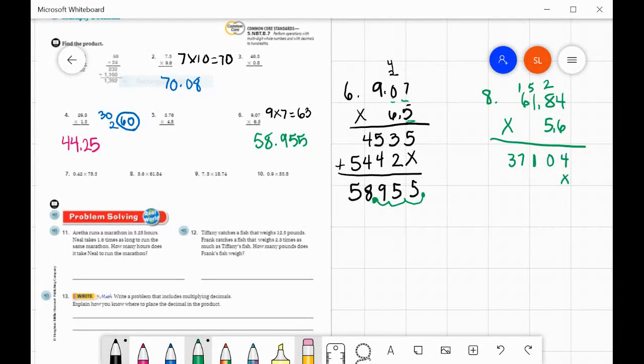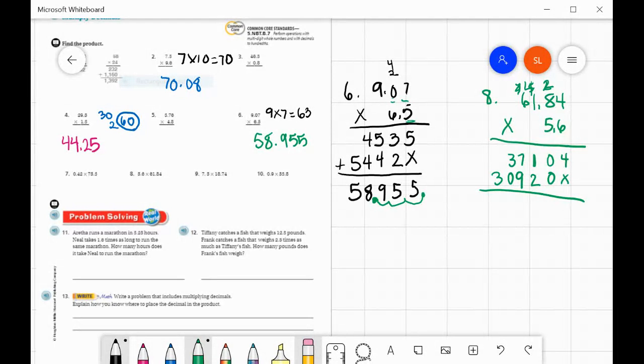Put an X down to hold the place, and now we're going to take care of the second digit. 5 times 4 is 20. Carry the 2. 5 times 4 is 40, plus 2 is 42. Carry the 4. 5 times 1 is 5, plus 4 is 9. And then 5 times 6 is 30, plus nothing is 30.